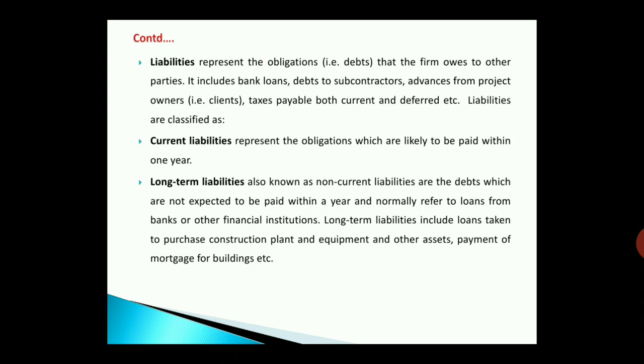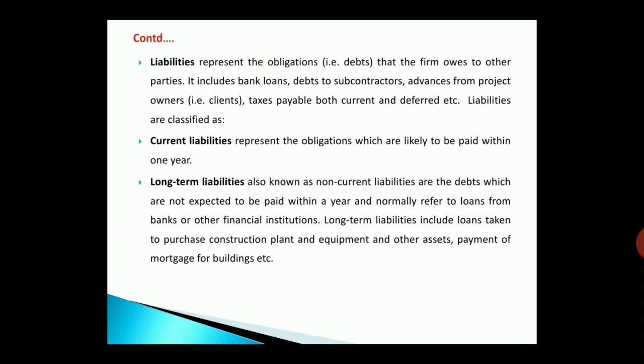Those all things become current liabilities. Those things will be paid off in a year span. Maximum is a year span, but maximum current liabilities are paid off then and there where the service is taken. Whereas long term liabilities are something such as the loans taken for a longer duration.